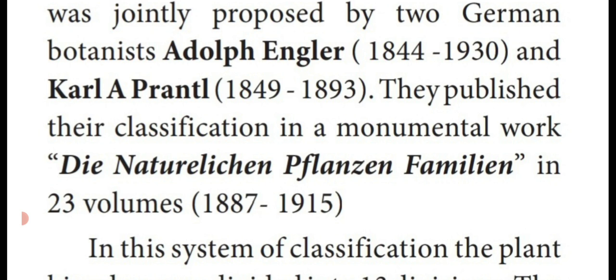One more question. Bentham and Hooker system of classification published in the Genera Plantarum book consists of how many volumes? 3 volumes. But this phylogenetic system was published in their monumental work Die Natürlichen Pflanzenfamilien in 23 volumes, in the years 1887 to 1915.